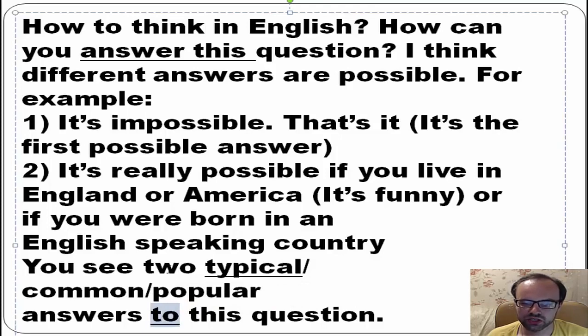Good. So you see two typical, or two common, two popular answers to this question. The first one, it's impossible, and the second one, it's possible, but there are some conditions.